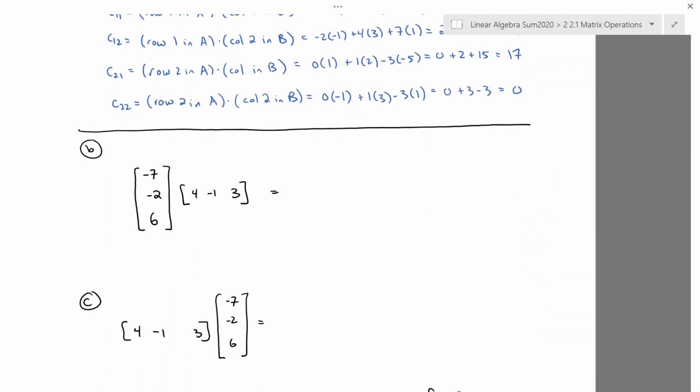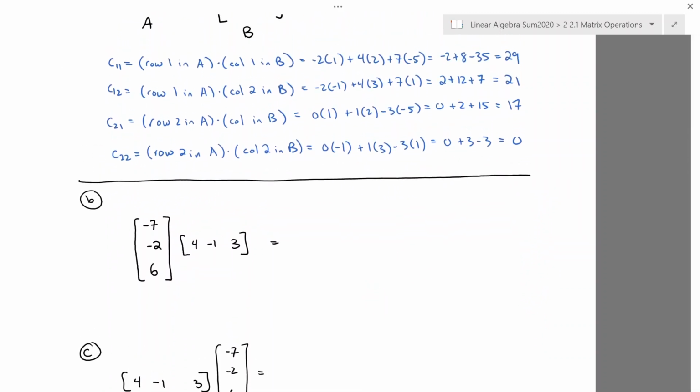Again, the first thing you should always do is take note of the sizes. The one on the left is 3 by 1, and the one on the right is 1 by 3, so the 1 here matches the 1 here, so we're okay. And then this is a 3 and this is a 3, so the result is a 3 by 3 matrix.